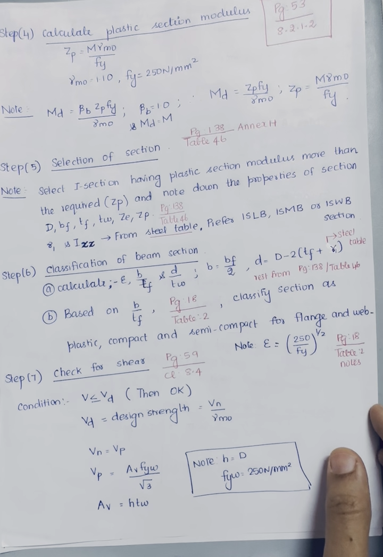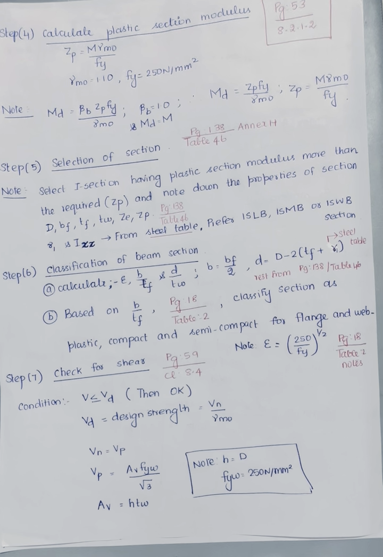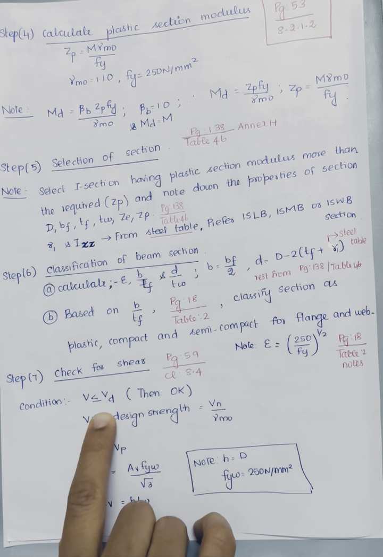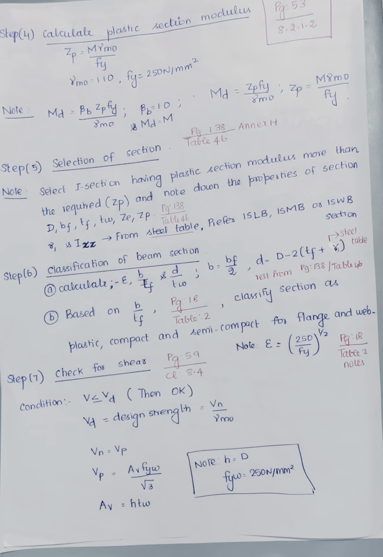The first check is the check for shear. This is available in page number 59 under clause 8.4. The condition is V should be less than or equal to VD. Then our section is safe for shear.